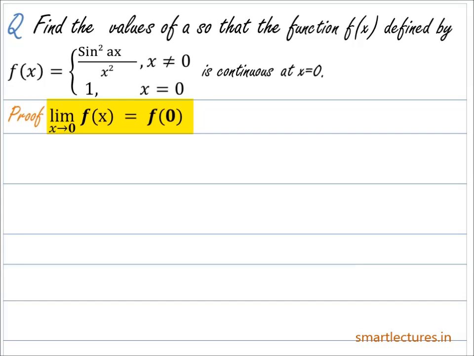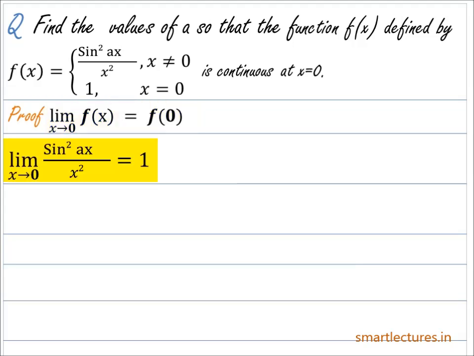Or in other words, limit x approaches 0, sine square ax upon x square is equal to the value of the function at x equal to 0, and as per the definition of this function, the value of f of x at x equal to 0 is equal to 1. So that means f of 0 is equal to 1.